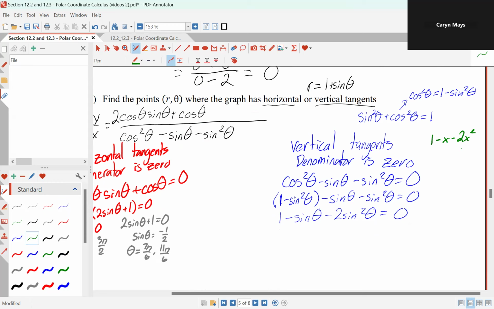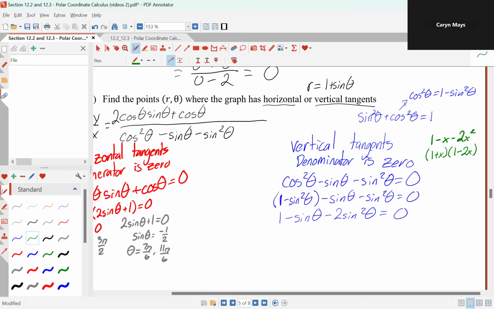Playing around with that ends up with the factoring 1 plus x, 1 minus 2x, and that is what we can apply here.